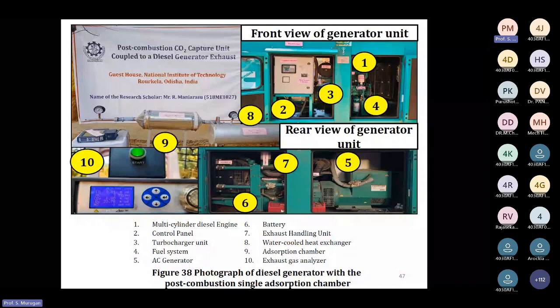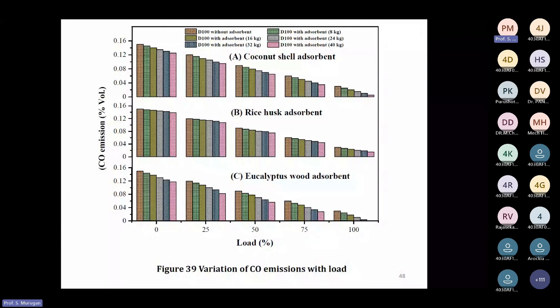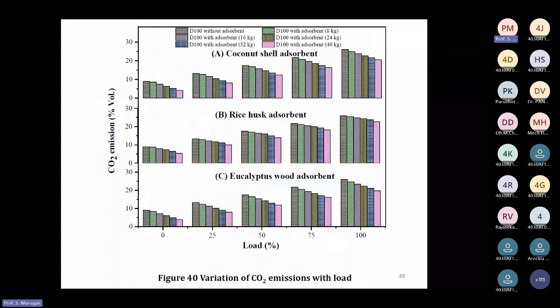So this is a diesel generator, and of course we installed a water-cooled heat exchanger and the absorption chamber. The same kind of experiments we conducted with the three activated carbons, and we measured CO, CO2, HC, and NOx emission. First, as I told, we conducted with single absorption chamber.